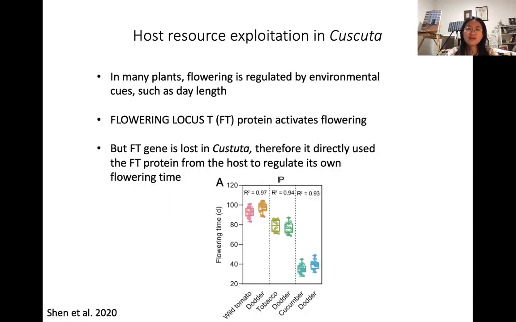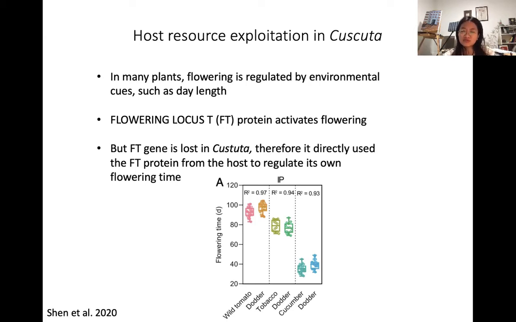And one thing we found interesting about Cuscuta is that the FT gene, this important, essential flowering gene, is lost in the parasite. As a result, it has to rely on the FT protein produced by the host to regulate its own flowering time.